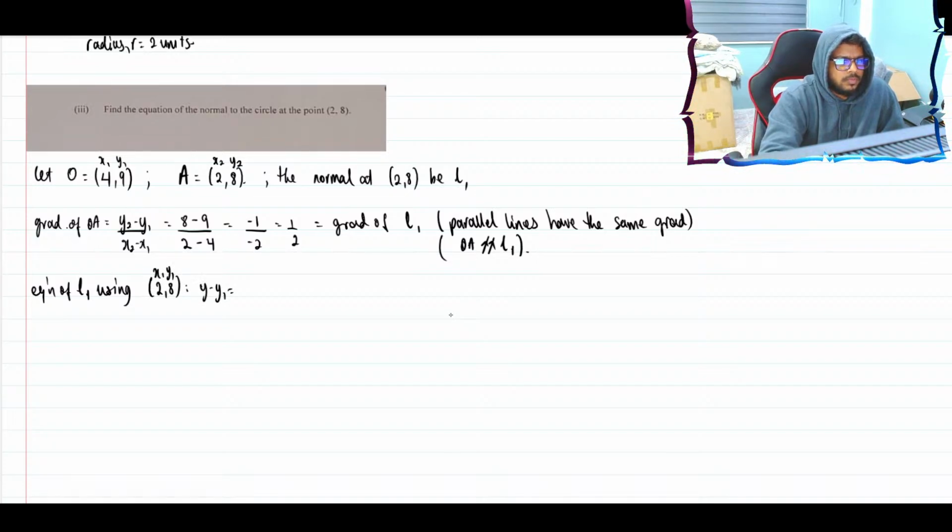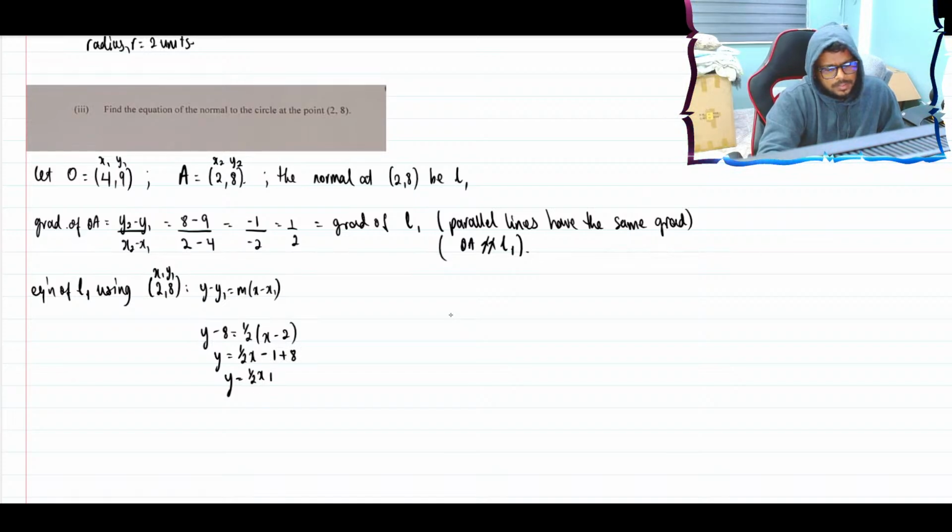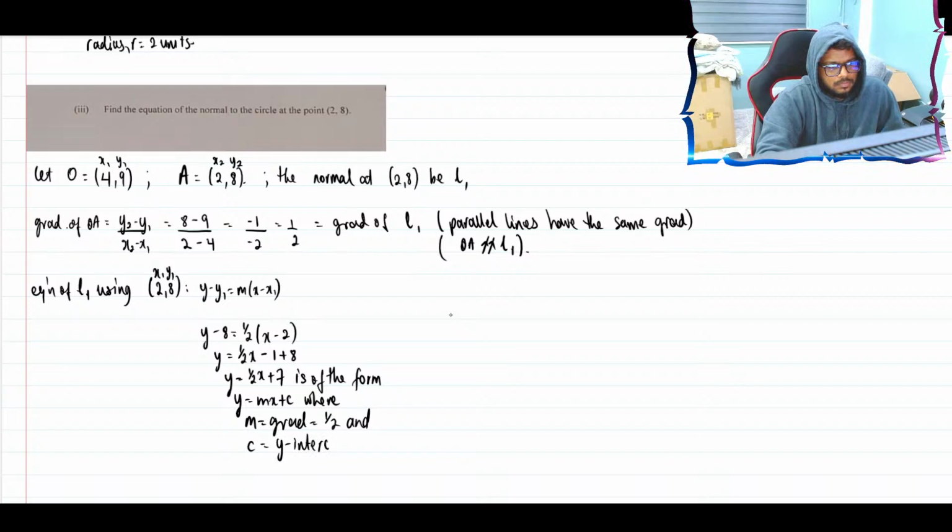Formula: y minus y1 is m into x minus x1. y minus 8 is a half into x minus 2. y is a half x minus 1 plus 8. y equals 1/2 x plus 7 is of the form y is mx plus c, where m is my gradient, a half, and c is the y-intercept, which is equal to 7.